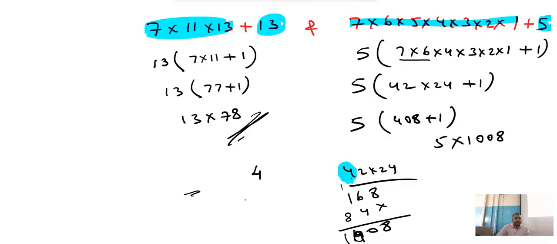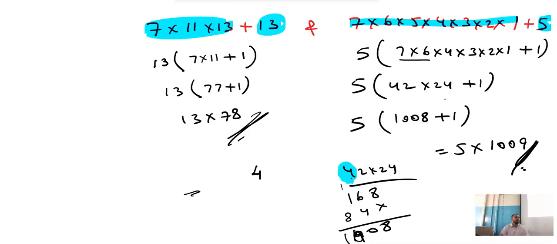1004, not 8. What happened? 42 into 24. First, let me simplify this. 42 into 24 is 1008 plus 1. So the final answer is 5 into 1009.